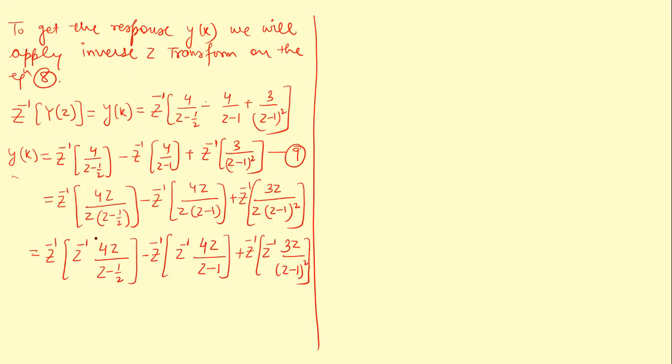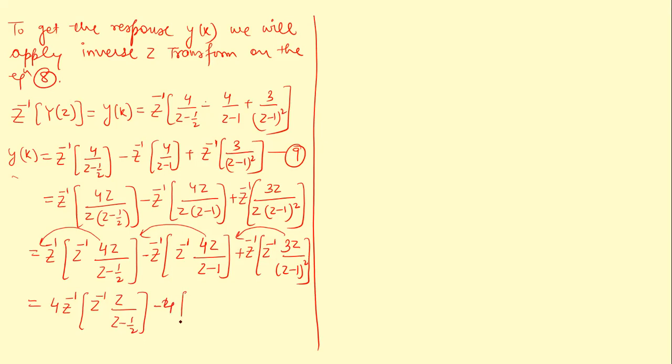So we can take these coefficients outside. We can take all of them outside, right? So we will have 4 times inverse z transform of z by z minus 1 by 2, right?